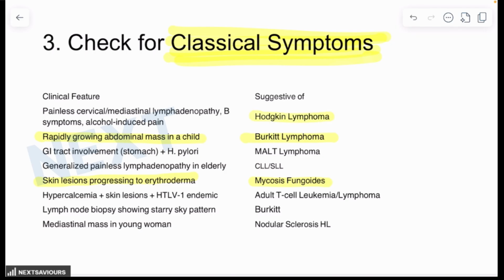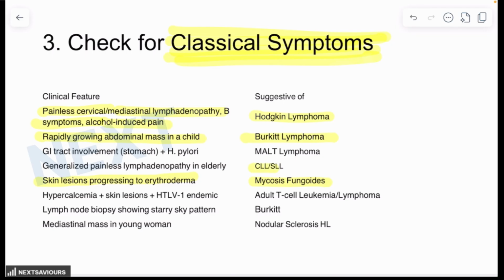For classical Hodgkin's lymphoma, there has to be painless cervical lymphadenopathy, mediastinal lymphadenopathy, the constitutional symptoms, and alcohol induced pain. So these are the specific or the classical features associated with each type of lymphoma.